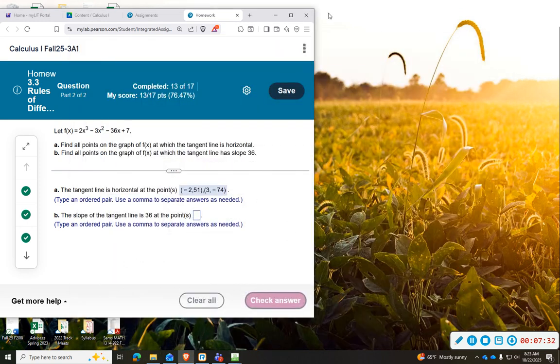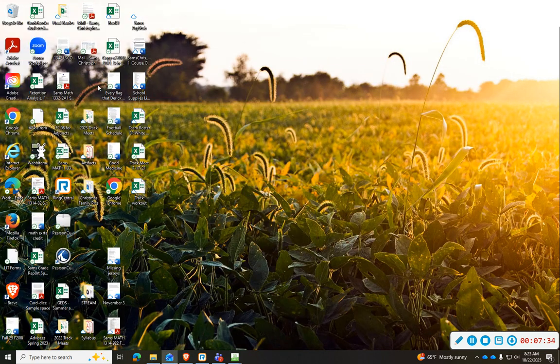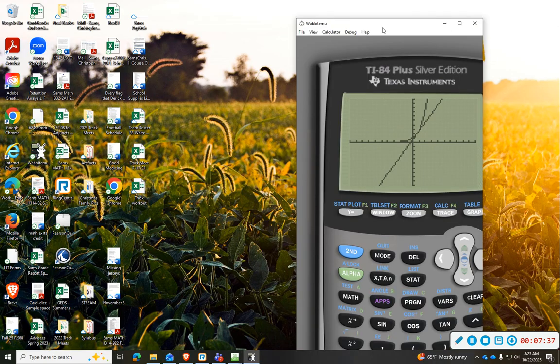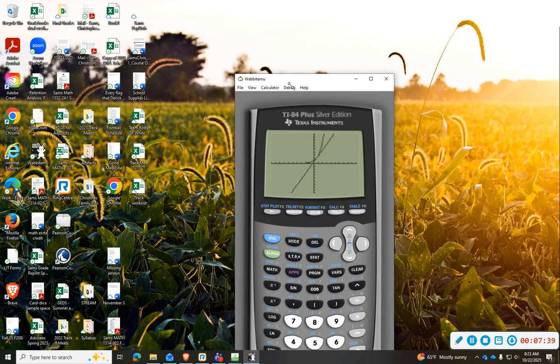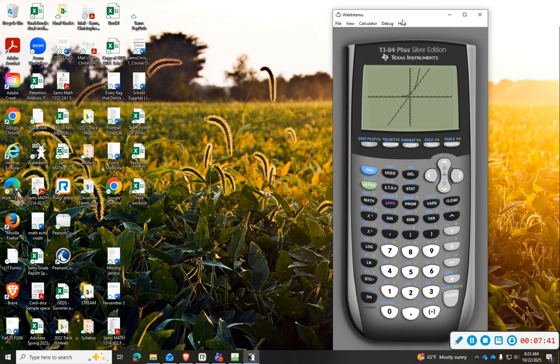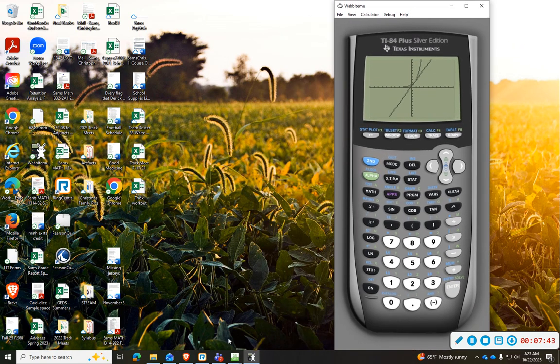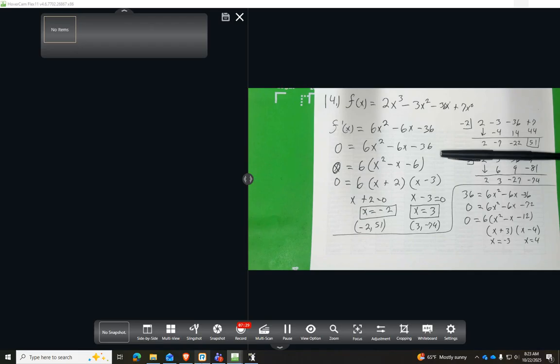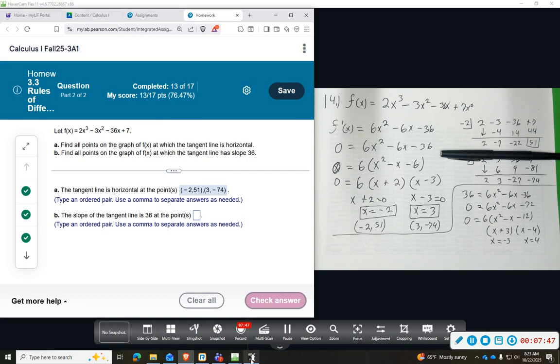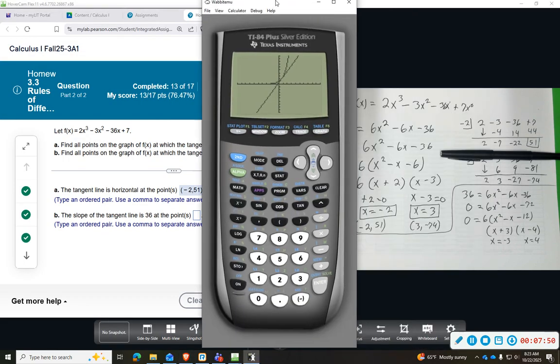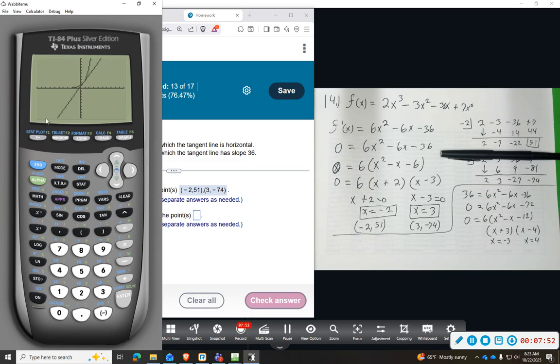So let me pull up our calculator. Alright, so you can do it by hand with synthetic. You can also plug it in. So if I go to y equal, I'm going to clear out what we had previously.